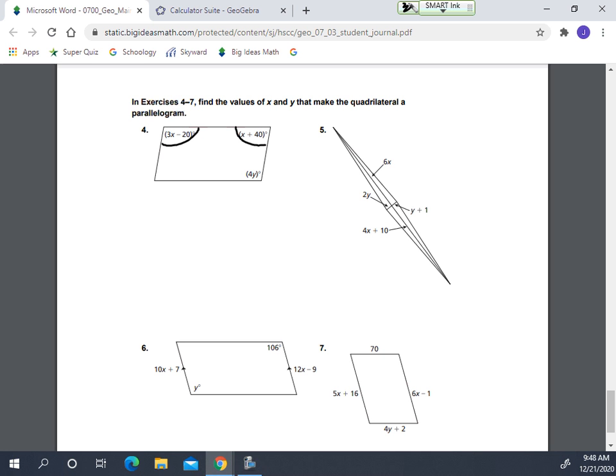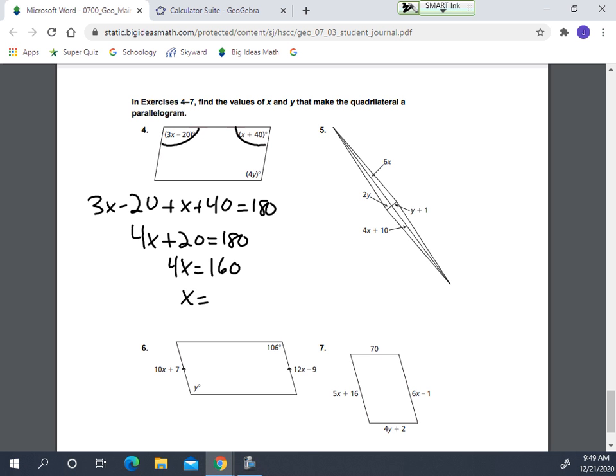So 3x minus 20 plus x plus 40 has to equal 180. Doing the math, we get 4x plus 20 is equal to 180. We get 4x is equal to 160, and then x is equal to 40.